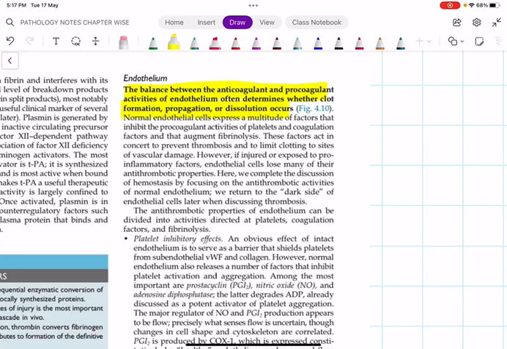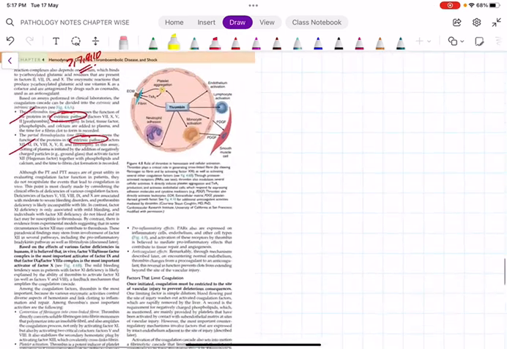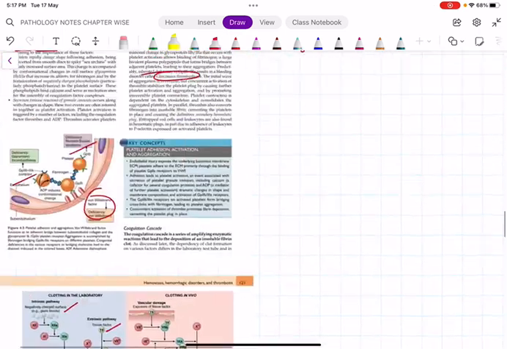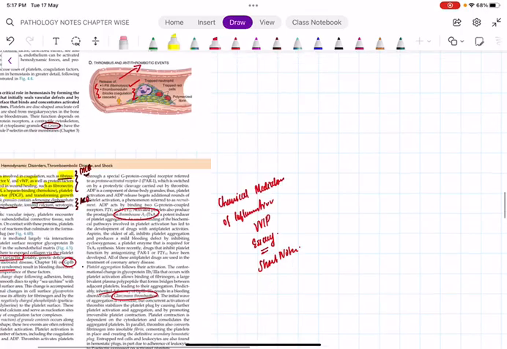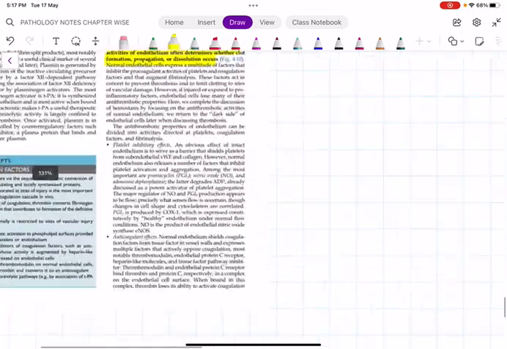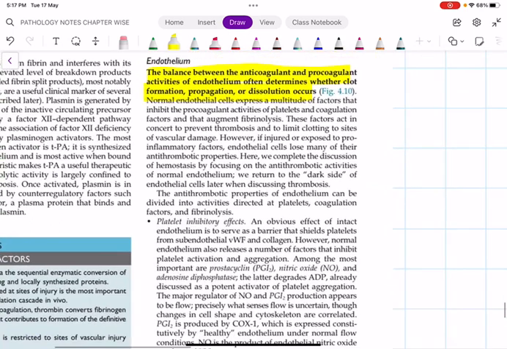I told you, thrombomodulin. This thrombomodulin is going to block the coagulation cascade. Similarly, we have a lot of factors which will be expressed by our endothelial cells, which will prevent clot formation. Am I right?